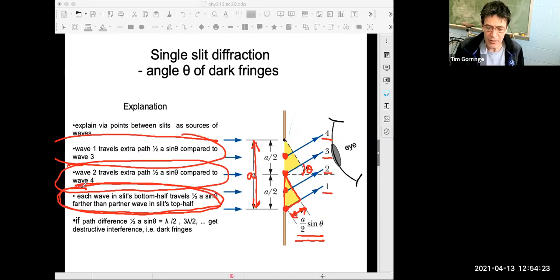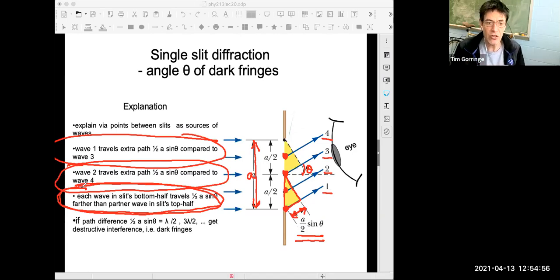When light waves 1 and 3 arrive at your eye, when 1 is a crest, 3 is a trough, and vice versa. So they interfere destructively. When light waves 2 and 4 arrive at your eye, if light wave 2 is a crest, light wave 4 is a trough, and vice versa. And so they interfere destructively.